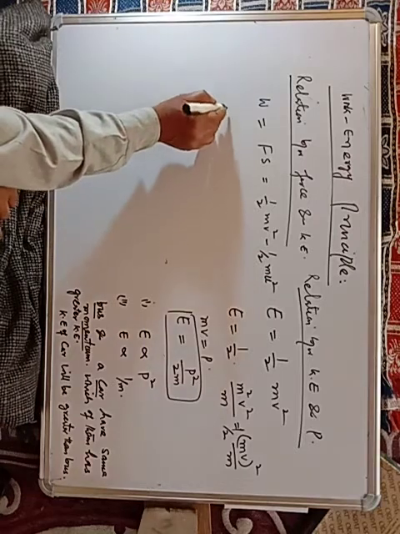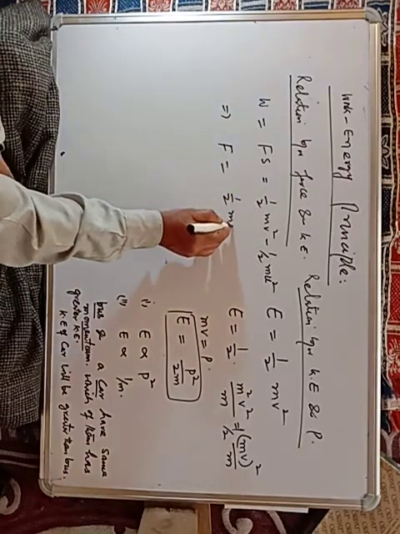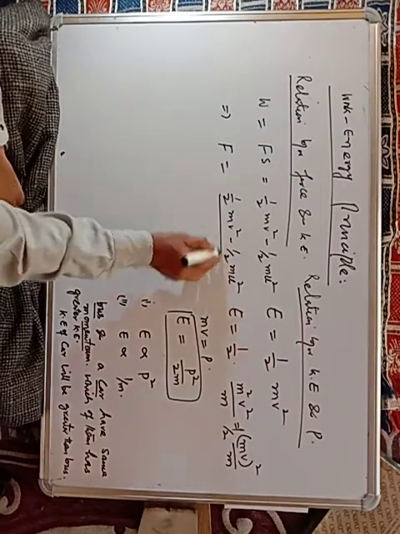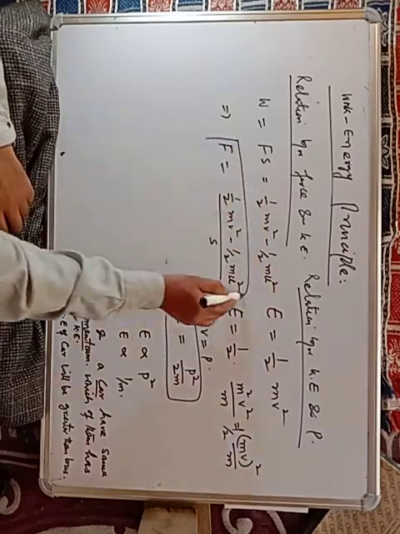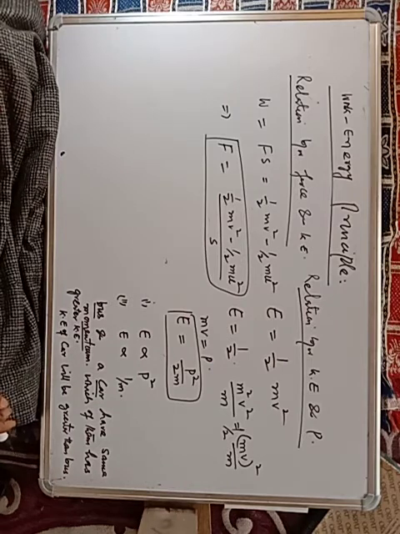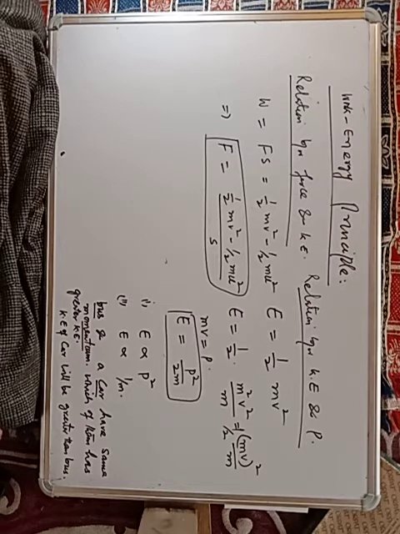Or we can write here F is equal to 1 half of mv square minus 1 half of mu square divided by S. S को यहाँ लाइए, divide हो जाएगा. So this gives a relation between force and kinetic energy.